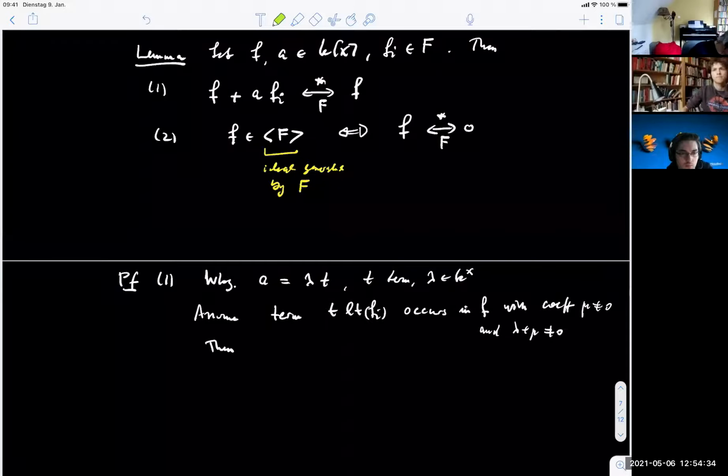Maybe better to write the statement and then discuss it because it's not that hard. f plus lambda t fi. I claim I can reduce it in one step to f minus mu t fi.